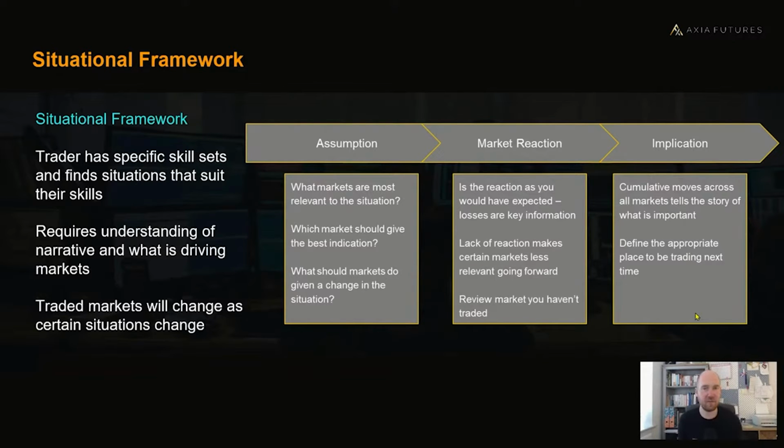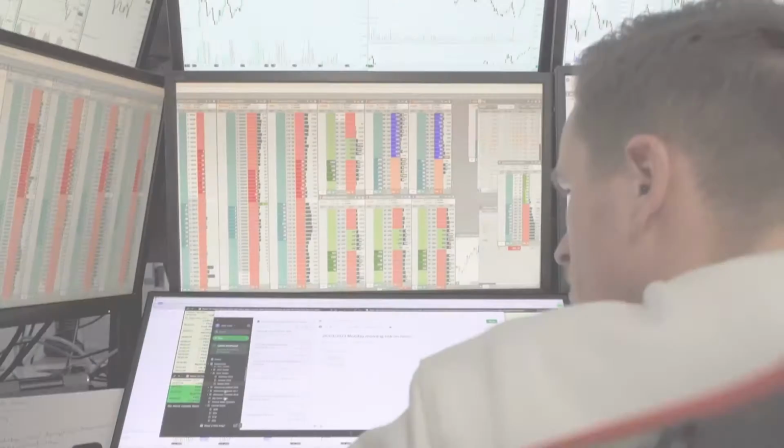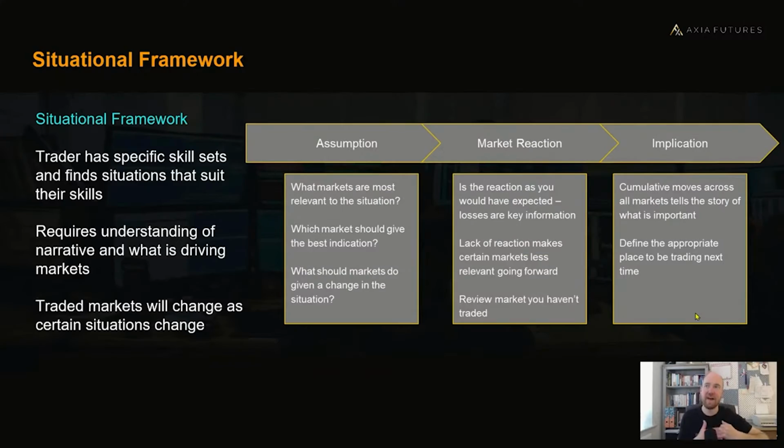Your assumption is, in a risk off situation, bonds drop, gold rallies, yen rallies, equities fall. So if bonds, gold, and yen rally and equities start to move, you can sell equities. You can assume you're going to get continuation as long as those other markets keep on moving, and because of that, you're able to leverage that position up.